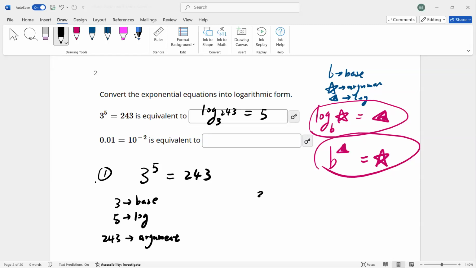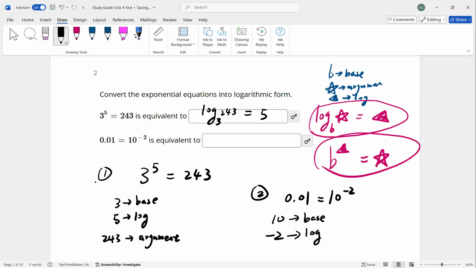That's the first part. Second part, the equation that is given is 0.01 equals 10 to the power of -2. Okay, 10 definitely is the base. -2 is on the shoulder of 10, right? And that's the log. The base is supposed to be on the bottom, on the ground, supposed to put things on top of it, right? That's the reason it's called the base.